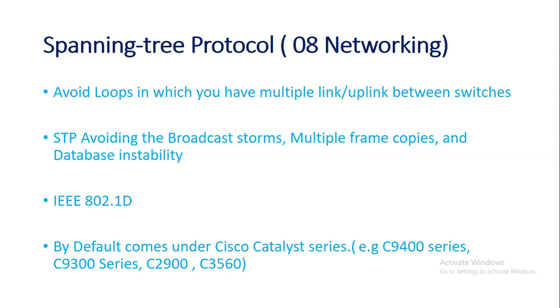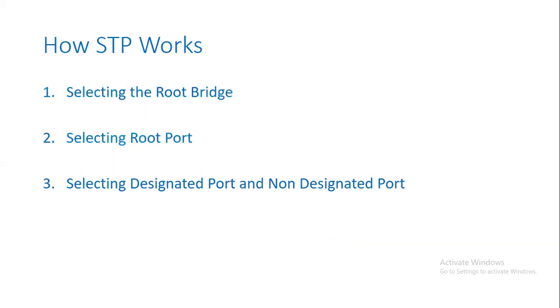STP comes by default, which means one link will be forwarding and another blocking if you have multiple links. As I mentioned, with two links between switches, one forwards and one is in blocking state, but how it works is what we need to think about. So let's see how it works.